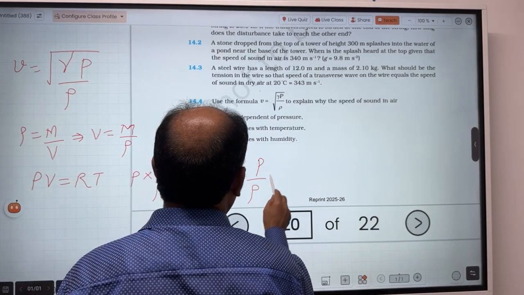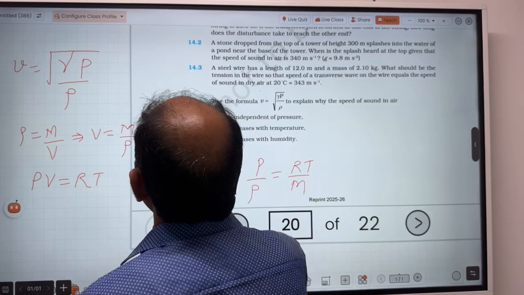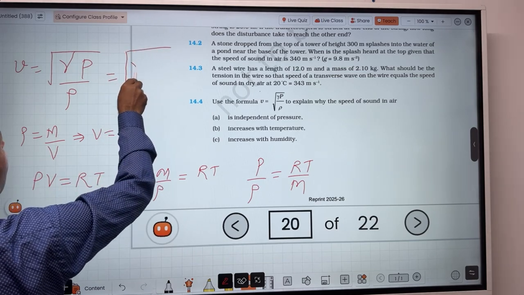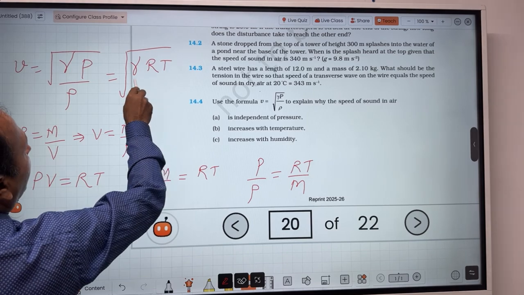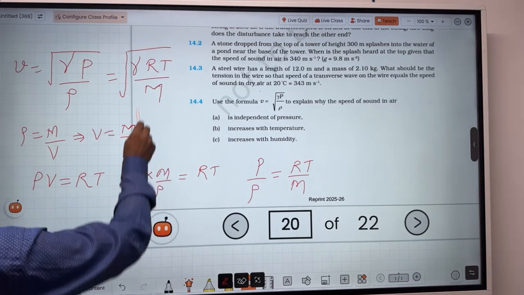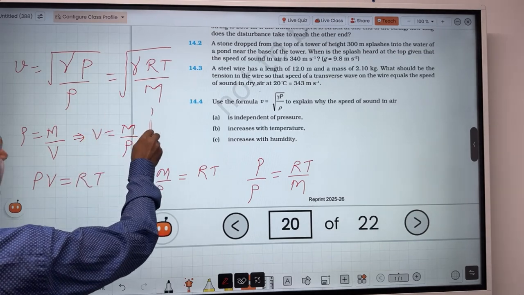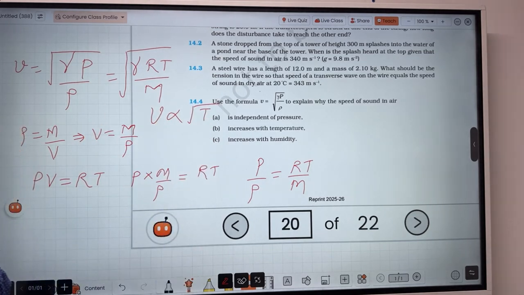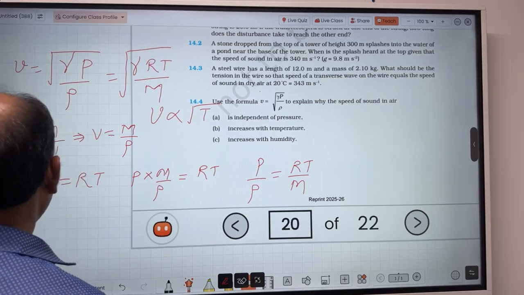So P upon rho will give RT upon M. So this will become gamma times RT upon M. Gamma is constant, R is constant, M is constant. So we can say V is directly proportional to square root of temperature. When temperature increases, V will increase.